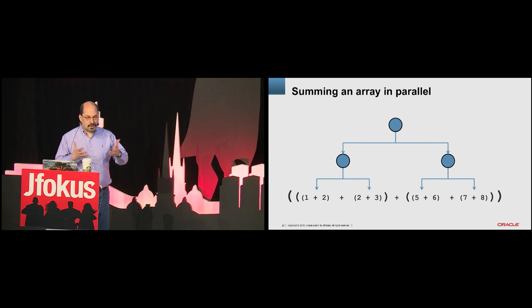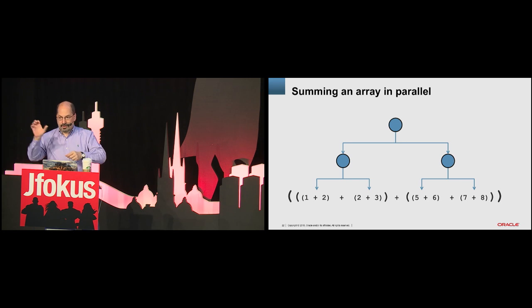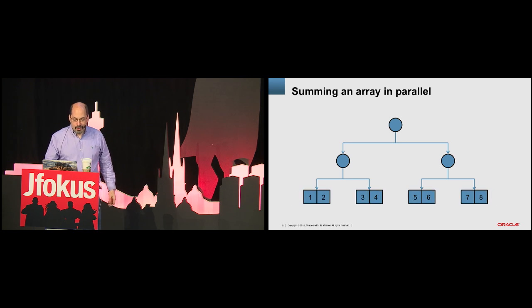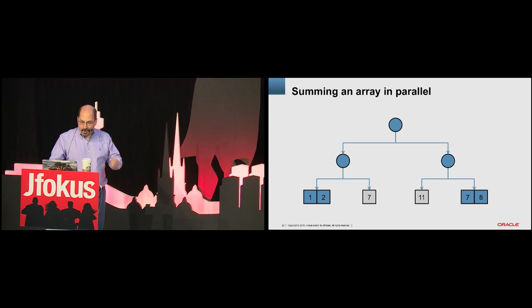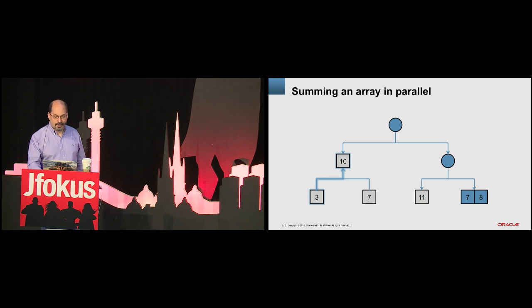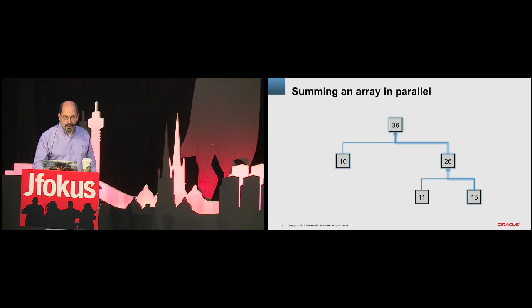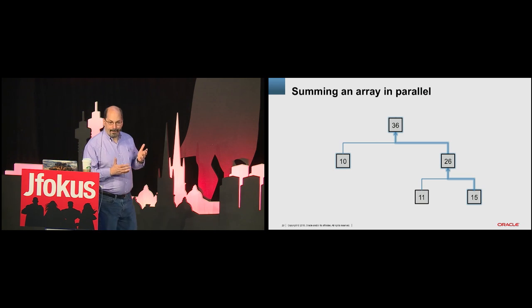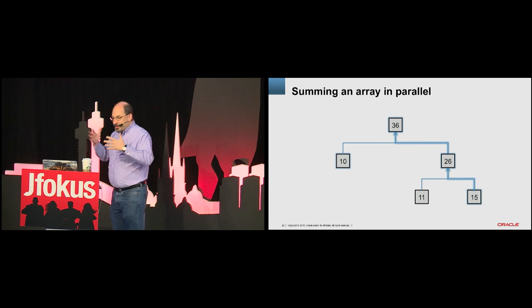So really what this computation breaks down to is do 1 plus 2, do 3 plus 4, do 5 plus 6, do 7 plus 8, and do that in parallel if you can. So 3 plus 4 is 7, and 5 plus 6 is 11, and 1 plus 2 is 3, and then maybe these get combined first. It doesn't really matter the order in which this happens because eventually they're going to add up to the right number.